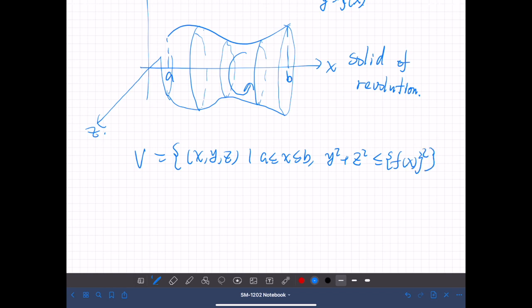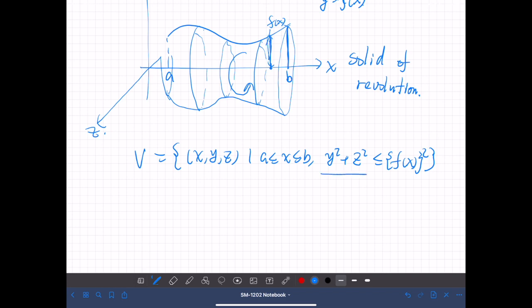So this height is f of x. If we rotate this, we keep this distance from the x-axis constant.